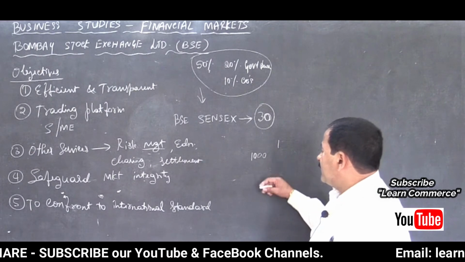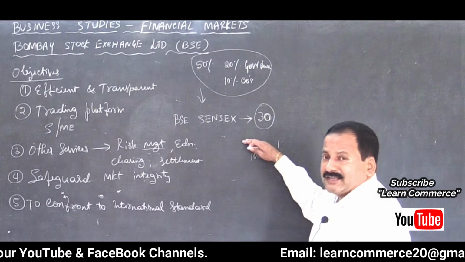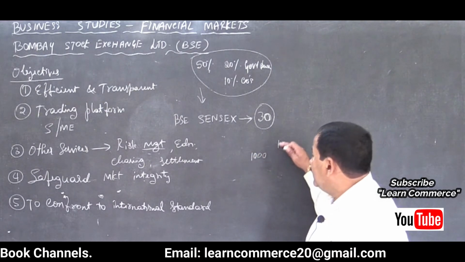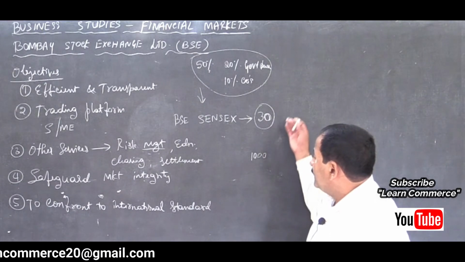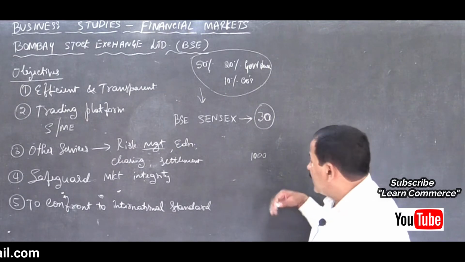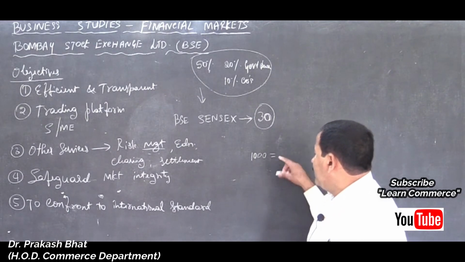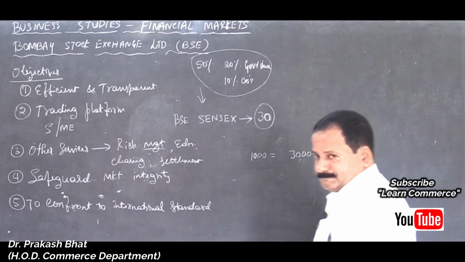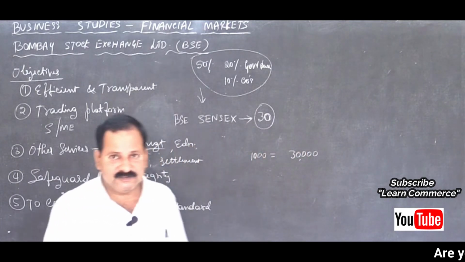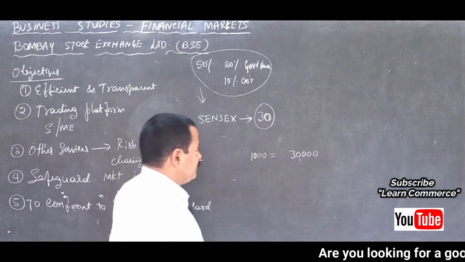So here it was 1000. All the 30 companies' share prices changed, maybe 20 companies' prices increased, 10 companies' prices decreased. Again, the total of 30 companies' prices was 30,000, suppose. So 1000 is the average.